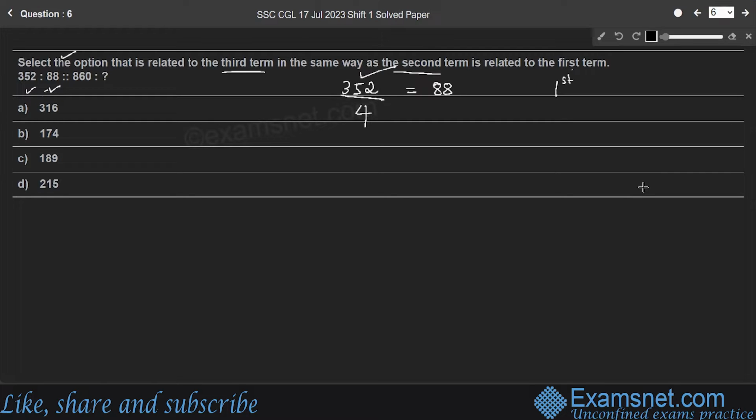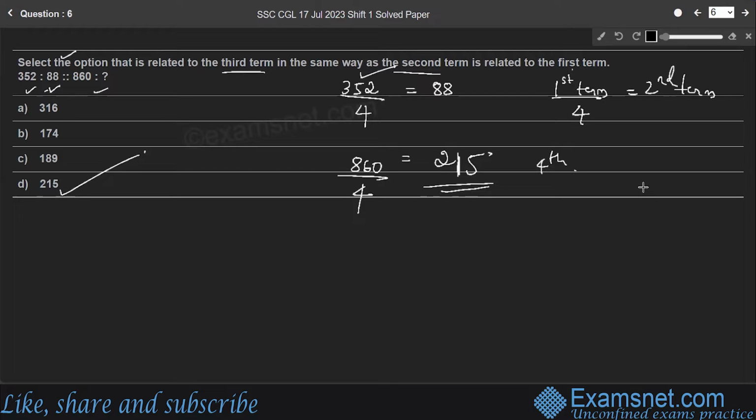In the same way, the third term, which is 860, divide by 4, so you will get 215. So this will be the fourth term. So option D is the right answer.